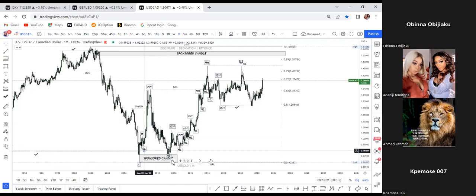So now price came down and took out this low. We have this as our higher low.